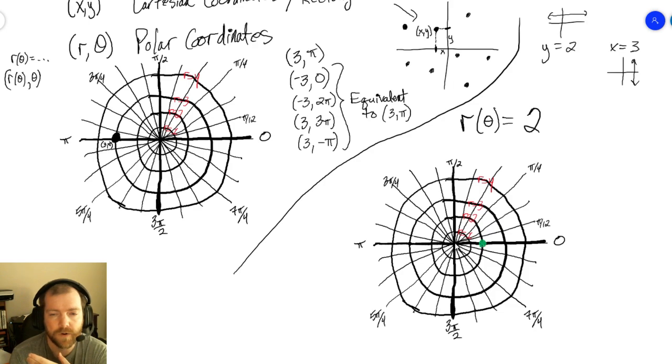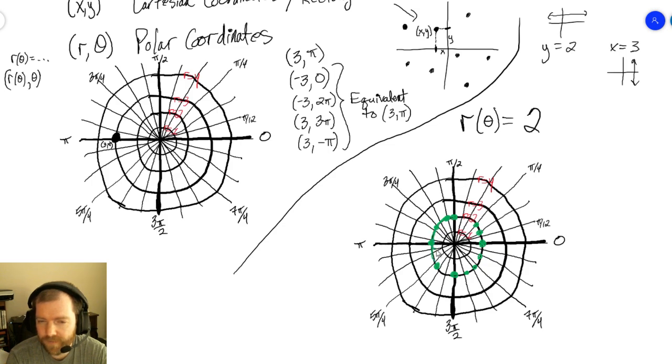When we go to r equals 2 and theta equals pi over 6, we're here, pi over 4, pi over 2, pi, 7 pi over 12, some random number that's in between here, 3 pi over 2, etc. You get the point. This is all of the points on this particular circle with radius 2. And that's totally a circle.